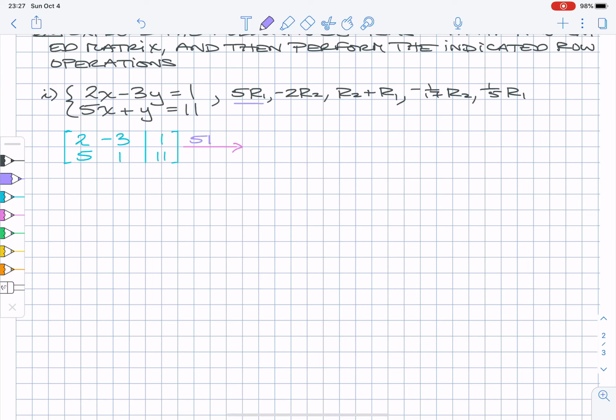5 row 1. So what I do is I multiply each entry in row 1 by 5. So this will be 5 times 2. This will be 5 times minus 3. Augment. This will be 5 times 1.